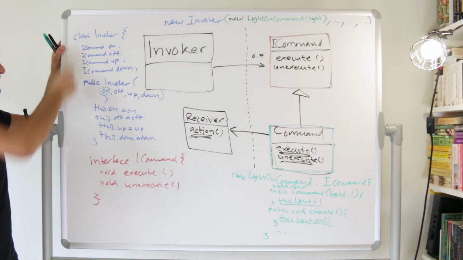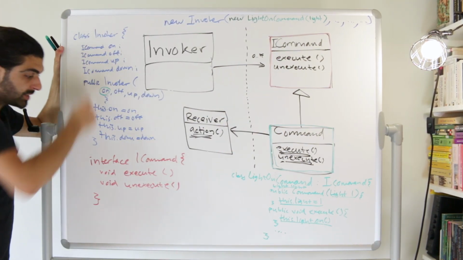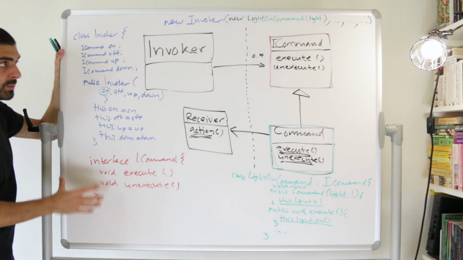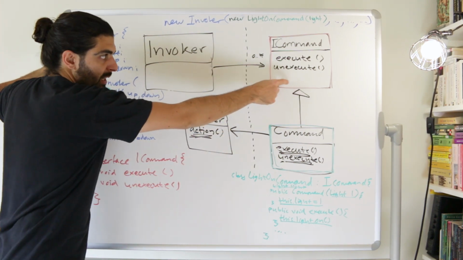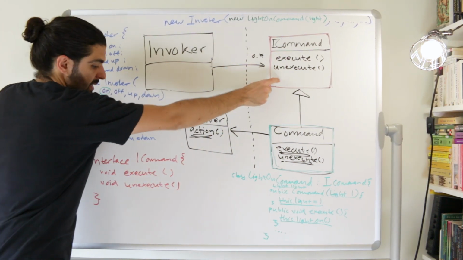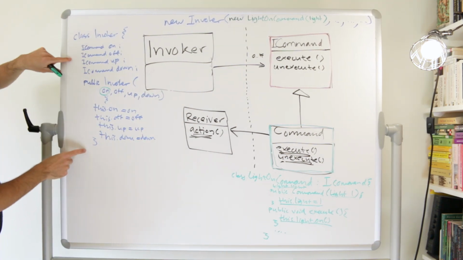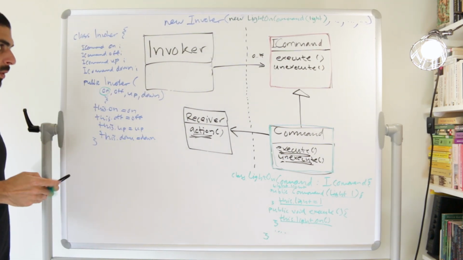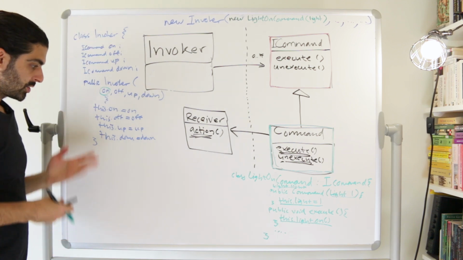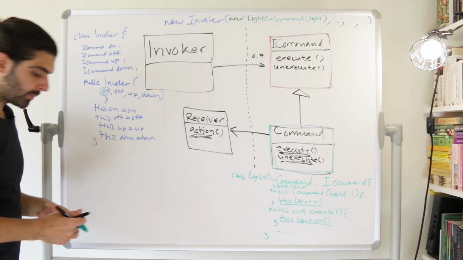So in order to finish this invoker code, let me just remove the interface code, because I think you can remember it, and also you can see it here. This code just represents this interface. So let's remove that, and then let's think about this. What is missing here? Well, of course, the invoker needs to be able to actually have buttons that are pressed.